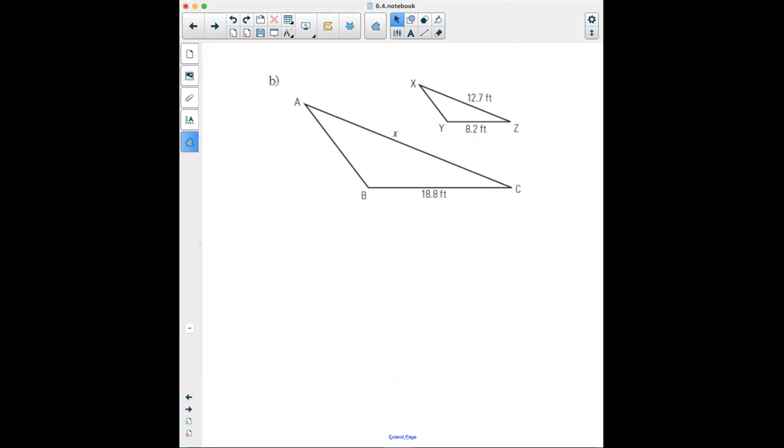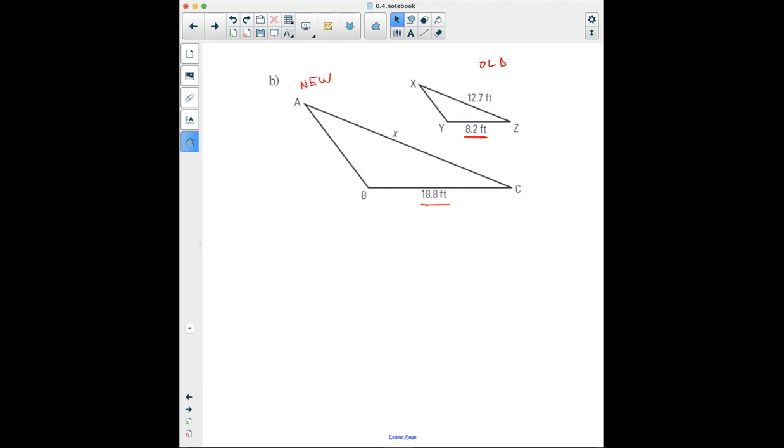Okay, for 2B, so we have corresponding sides, so 18.8 and 8.2. It is stated that these triangles are similar. So let's go ahead and just find that scale factor. Okay, let's call this one old, and we'll call this one new. My bigger one is going to be my new one.